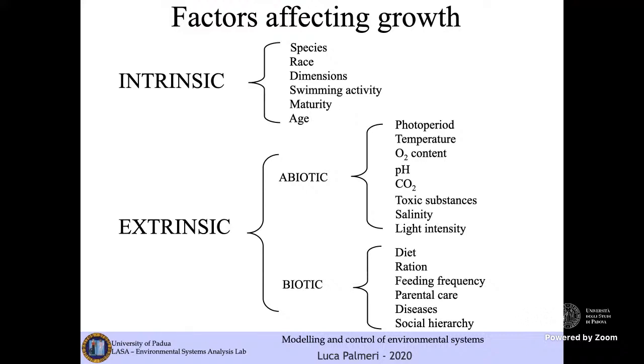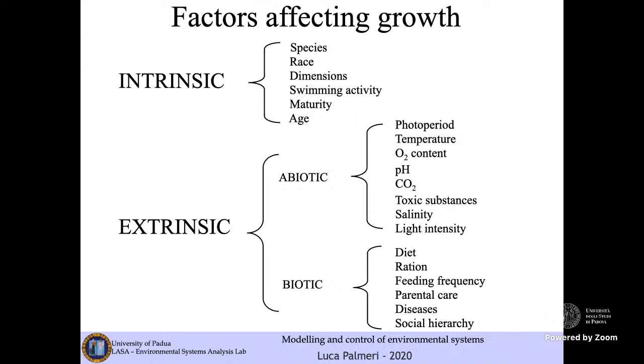Oxygen content, because we know that oxygen is a very important element that significantly influences the performance of living systems. pH condition, again, pH regulates the equilibrium constant of several biochemical reactions.